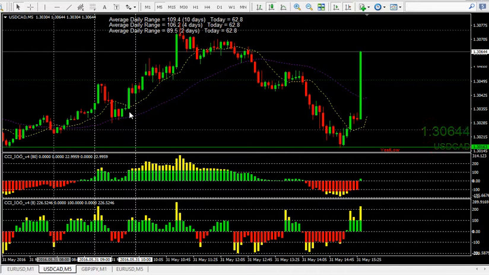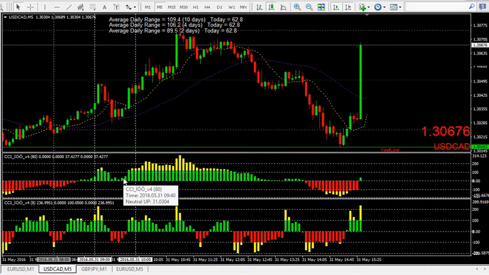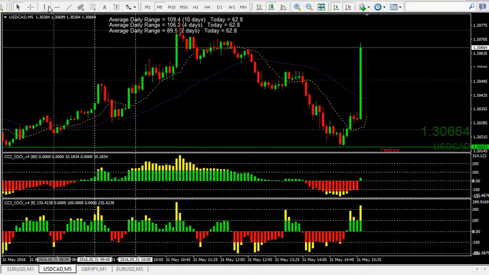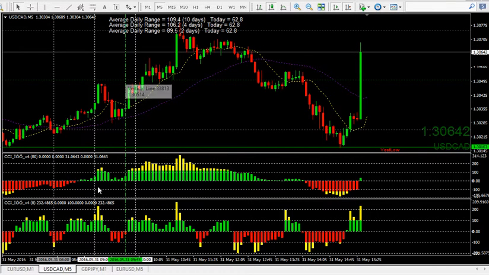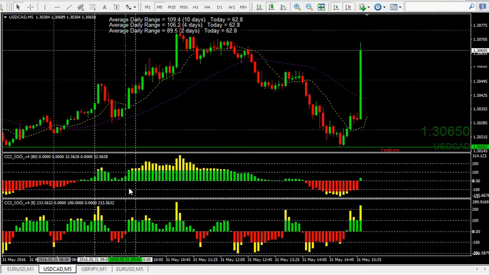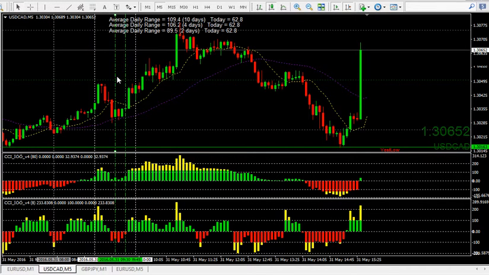That's clearly the pullback there, and I entered my trade on this rising 80 CCI here, which was that candle there. Clearly we could have entered a little bit earlier and had a bit of drawdown, but it's just timing really. But that was a perfectly valid entry based on the 80 CCI there.